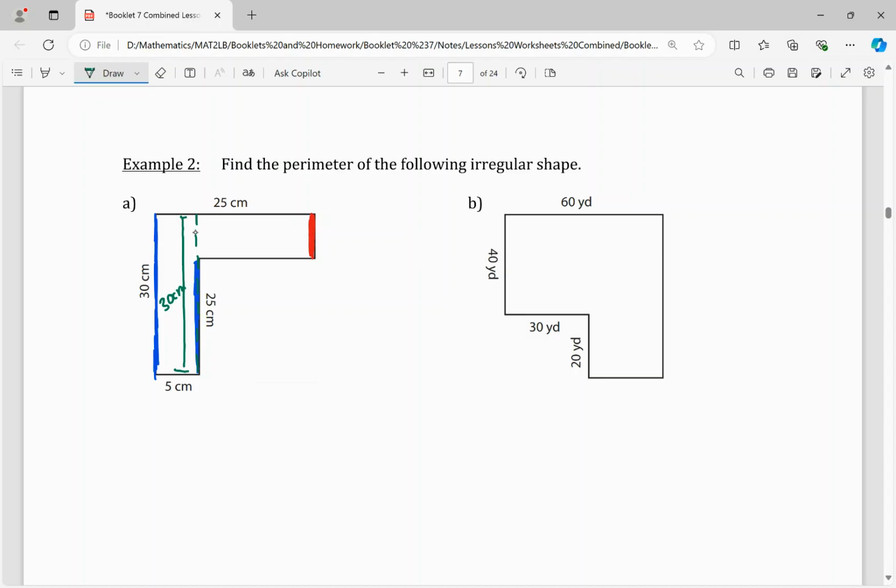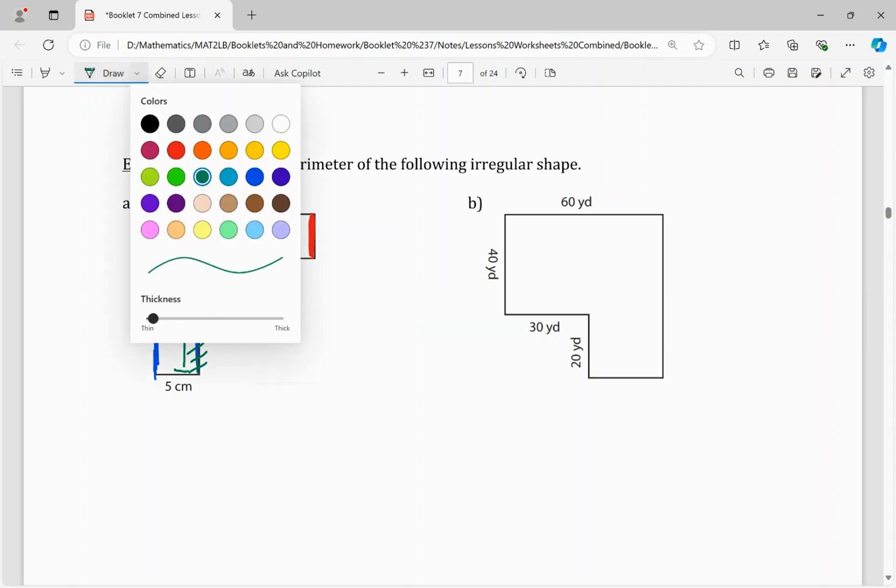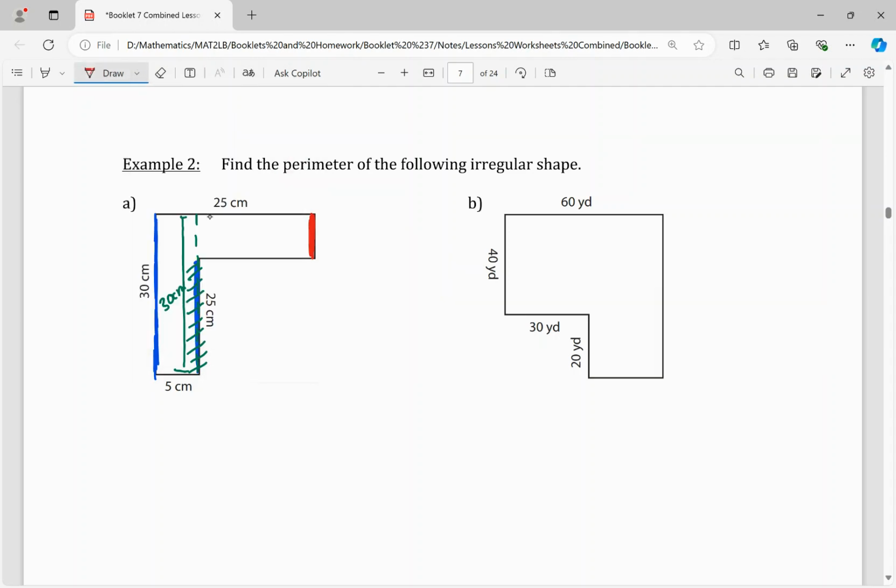And the green line is way too large to be the same length as red. But if we were to cut out everything underneath here, you can see on the diagram that what would be left is the same length as our red.